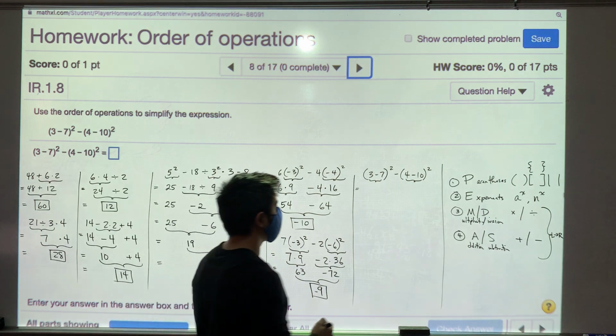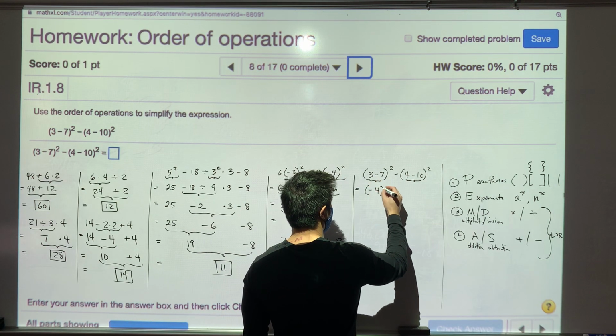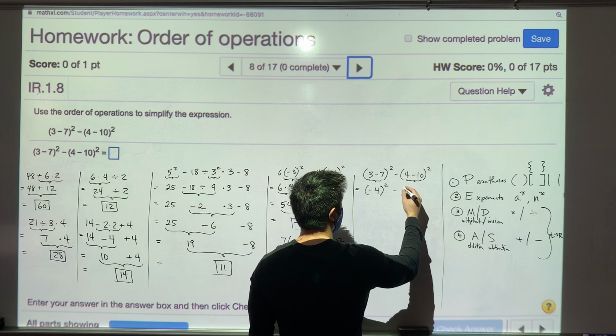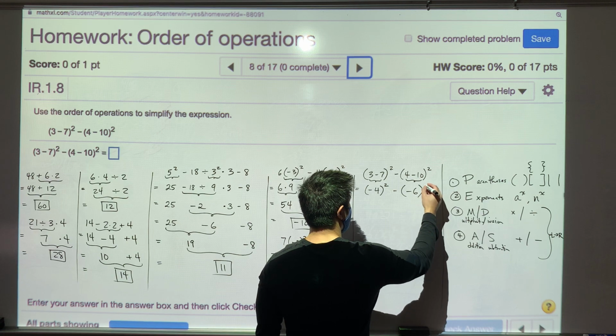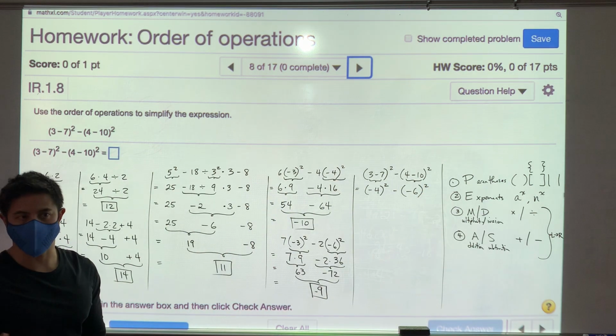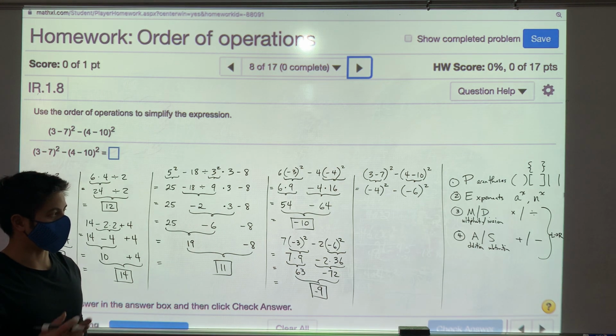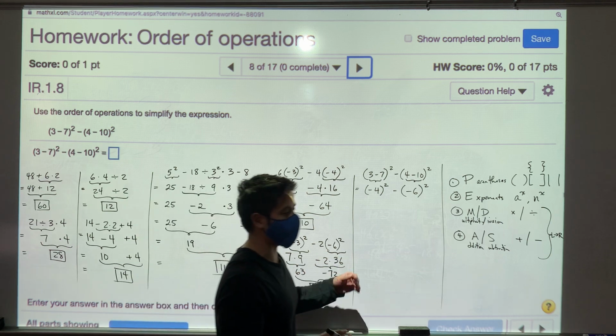Let's take a look. So 3 minus 7, that's going to be negative 4 squared, minus 4 minus 10, which happens to be negative 6 squared. So 3 minus 7 is negative 4, 4 minus 10 is negative 6.